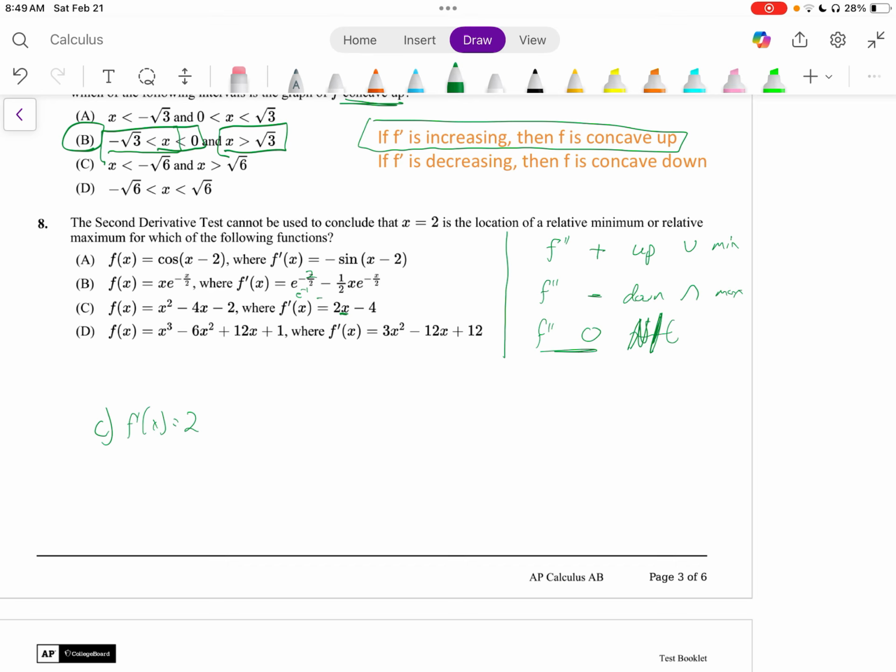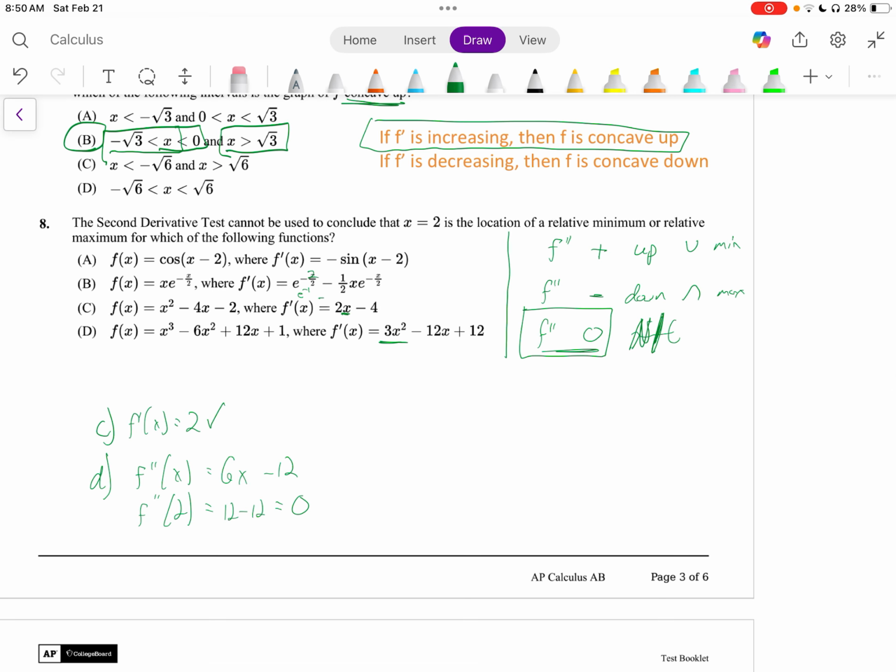And again, it won't work if the second derivative is 0. So second derivative works for C, so it's not C. D is another easy one to do. Second derivative is 6x minus 12. Plugging in 2 gives us 12 minus 12, which is 0. And that's when it doesn't work. So it doesn't work for D. So the answer is D.